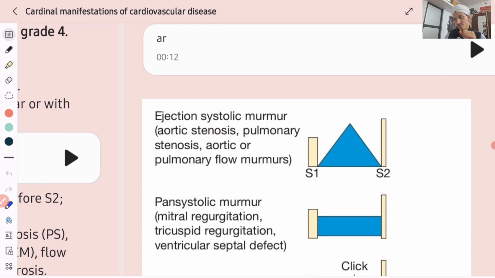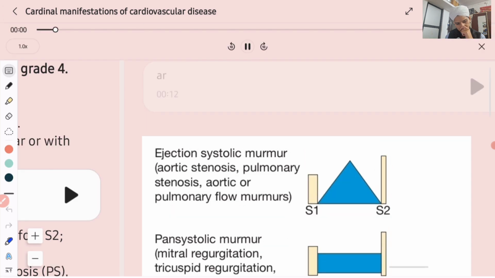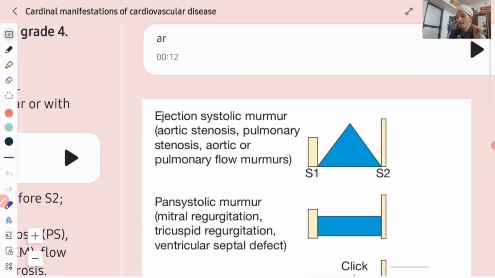One more time. That's aortic regurgitation murmur.